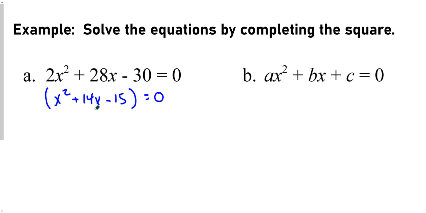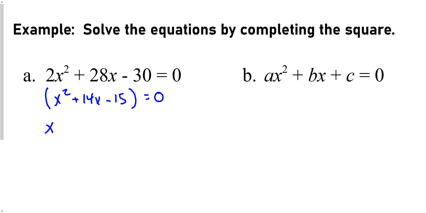So let's bring that over to the other side. We have x squared plus 14x equals 15. What number do we add? Half of this, 7, we square it, 49.